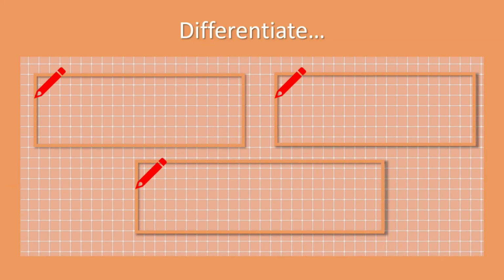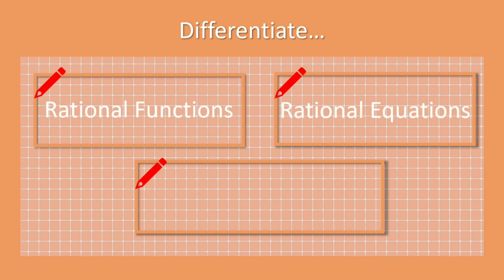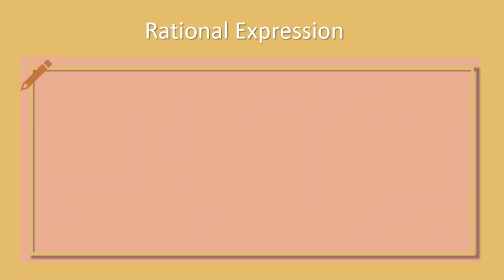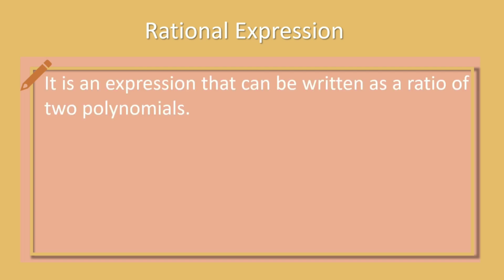Now, let us differentiate rational functions from rational equations and rational inequalities. But before that, let's first have the definition of a rational expression. It is an expression that can be written as a ratio of two polynomials.